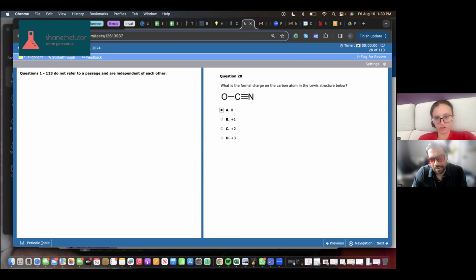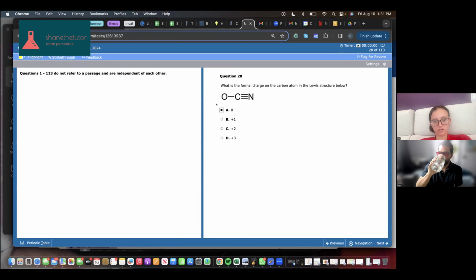If they don't show the electrons, then they aren't there. This is a weird one also, because they're not really showing the electrons, which should be there. But the formal charge on the carbon is going to be zero. It has four valence electrons and then four bonds. So yes, you're right, the carbon has the four bonds.